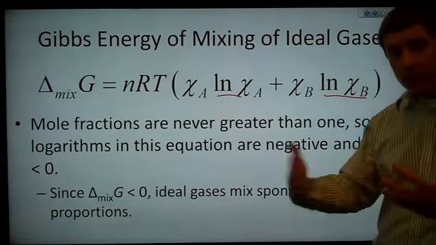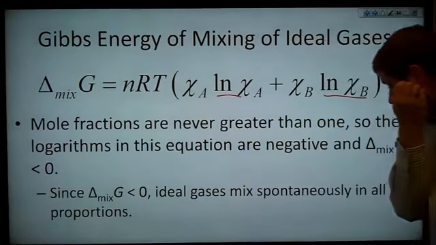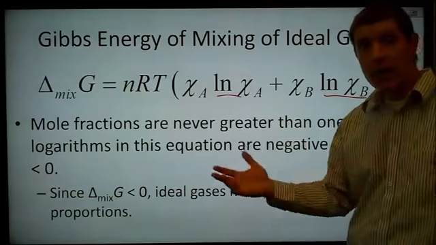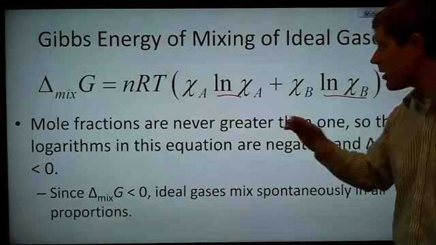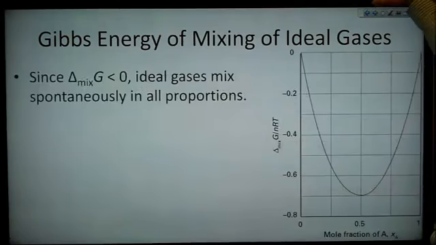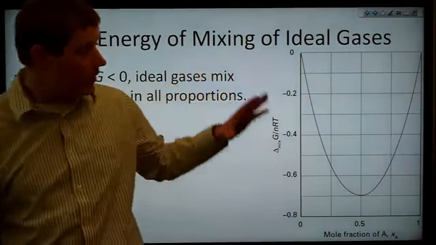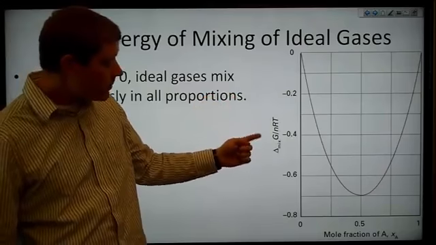If they're ideal gases, they're going to mix spontaneously. So this means that the gases will mix spontaneously in all proportions. Doesn't matter what the mole fractions are, they're always going to mix spontaneously. So because they'll always mix spontaneously, we can then look at a plot of the Gibbs energy of mixing.